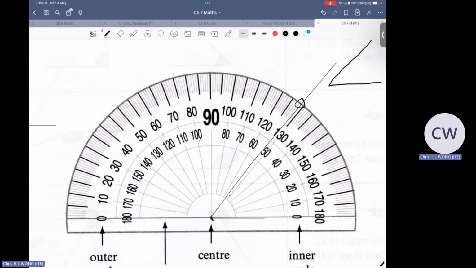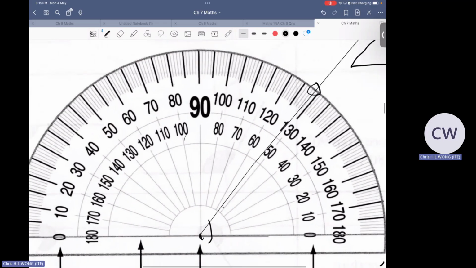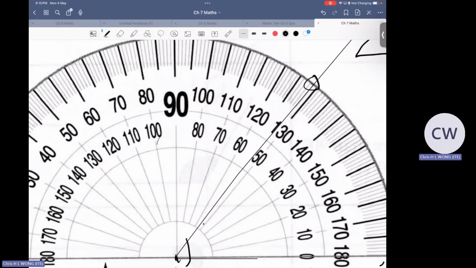So if I ask you to extend the line and measure this angle, what is the answer? Can you tell me? It's bigger for you. 50?